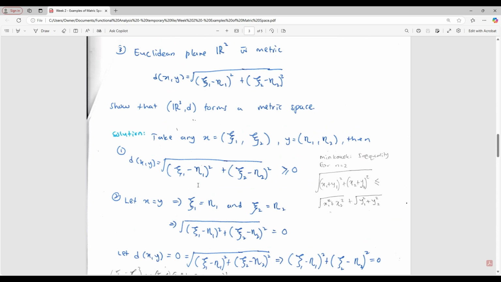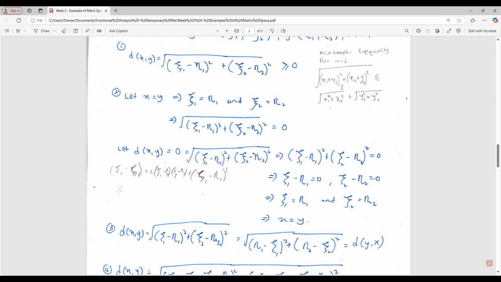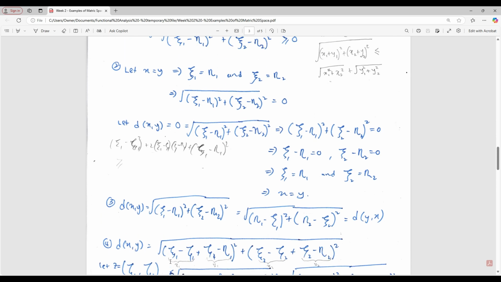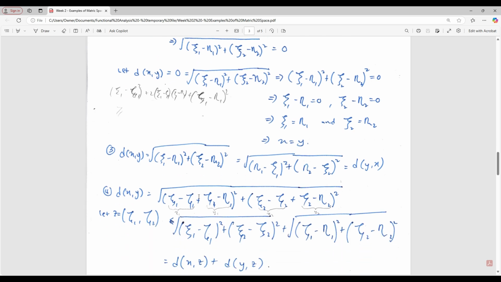Now we apply the Minkowski inequality. I take this part as my x1, this part as my y1, this is my x2, and this is y2. So I add this part with this part, and everything here should be less than this one plus this one, under the square root.